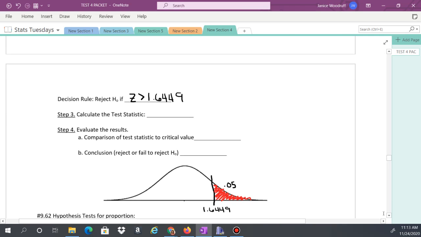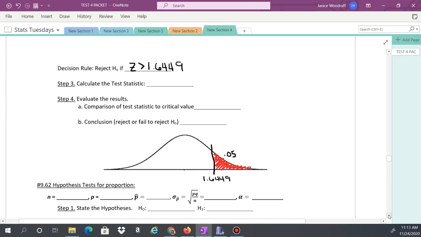All right, now we need to calculate the test statistic. So we are going to do this. We are going to get a Z value, which is going to be P hat minus P over the standard deviation of P hat. So if we pull the information from the top, we've got a P hat of 0.21, a P of 0.18, and a standard deviation of P hat of 0.0099.